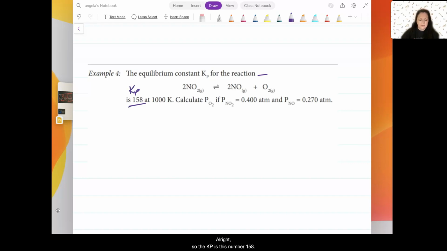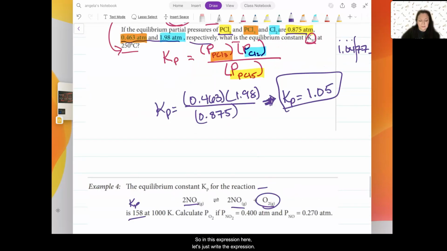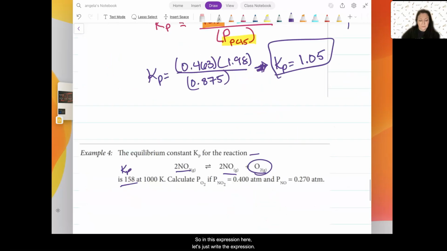All right, so the Kp is this number, 158. And so they gave you the NO2 and they gave you the NO, and they want you to solve for this. So in this expression here, let's just write the expression.